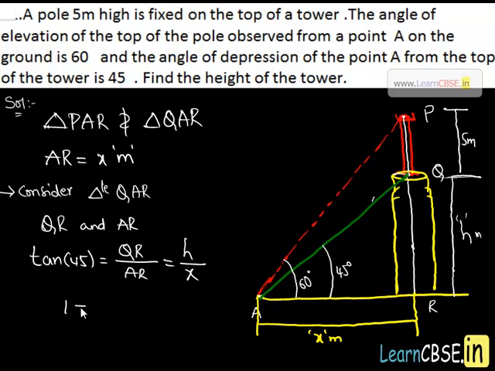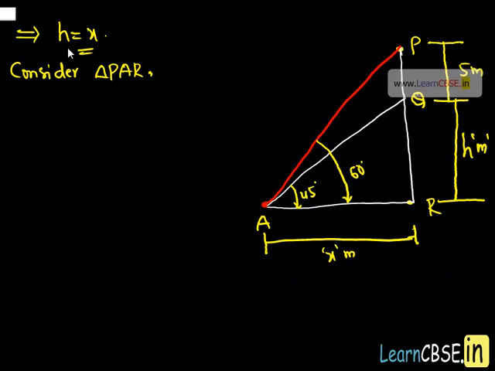Tan 45 is 1. 1 is equal to h upon x, which implies h is equal to x. It means the height of the tower is equal to x. We have the relation height of the tower is equal to x, and to find out the value of h, let us consider triangle PAR.